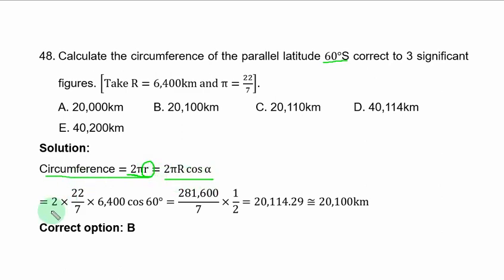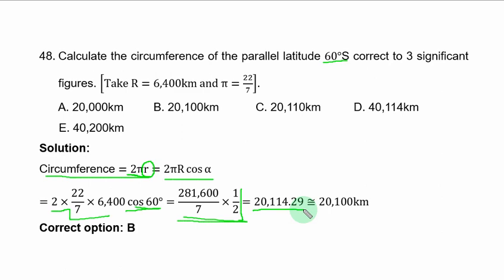So you have 2 times 22 over 7 times 6,400 times cos 60 degrees. Alpha is the angle of latitude. This simplifies to this value. Cos 60 degrees is 0.5, that is 1/2. If you multiply and divide, you have this result.